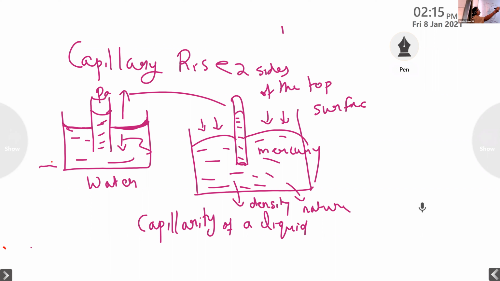Two sides means one is the liquid surface, the other one is the air surface. Two sides of the top surface.